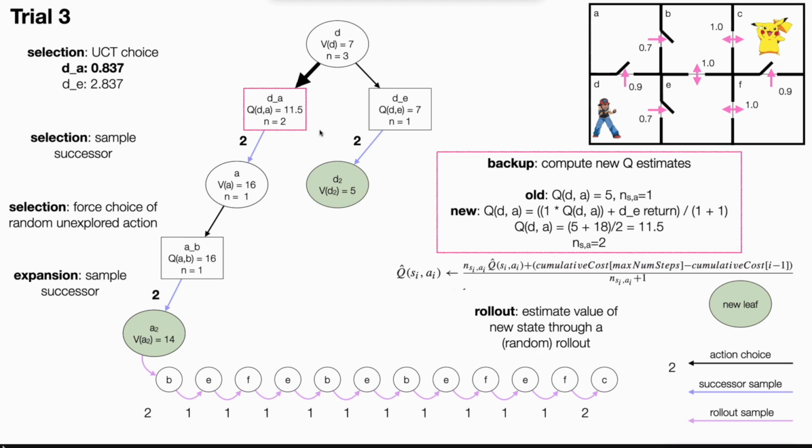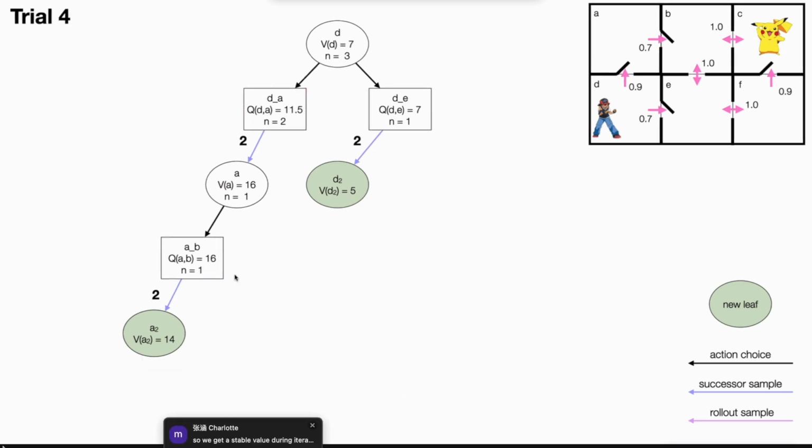Any other questions? So next, trial 4. Oh, chat message. Charlotte says, so do we get a stable value during iteration?